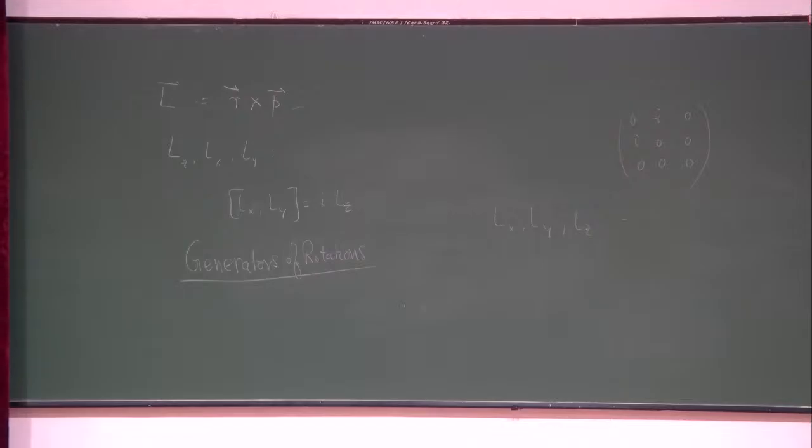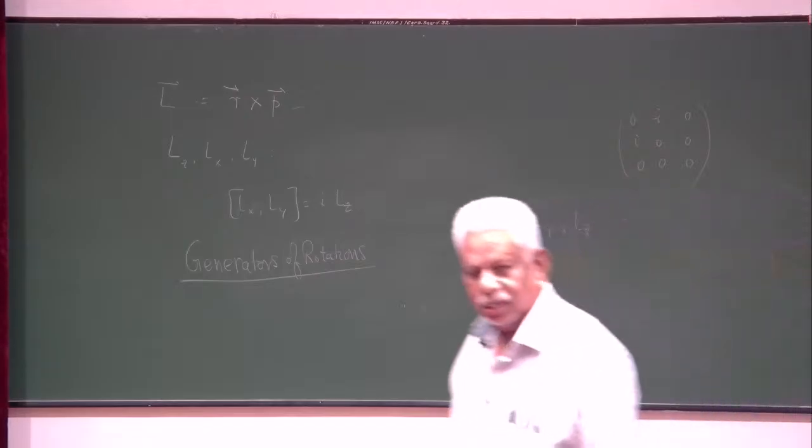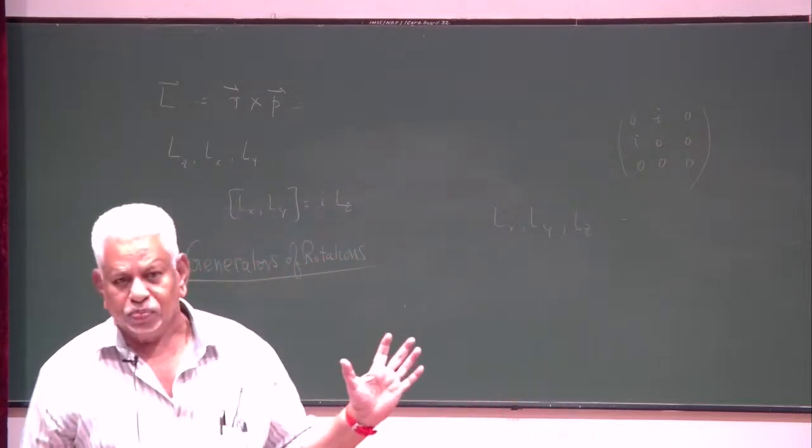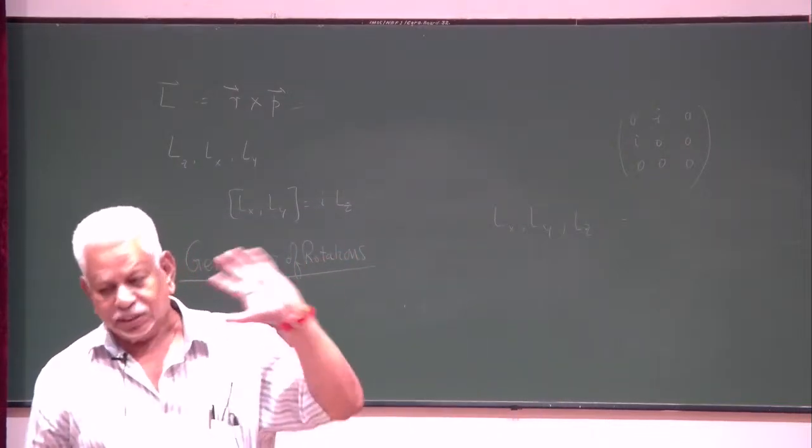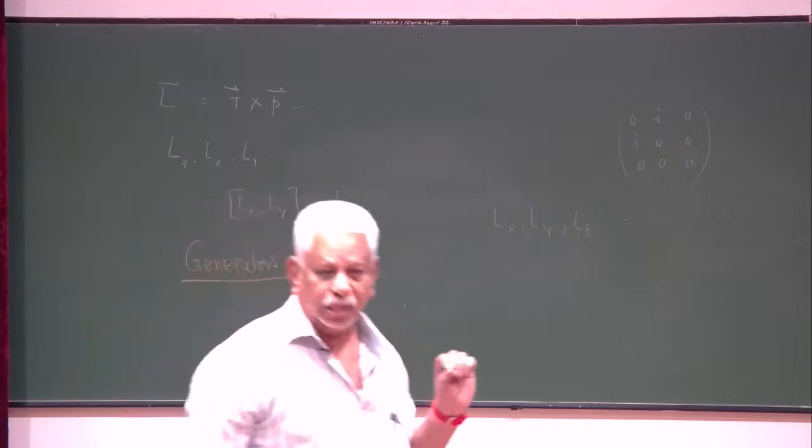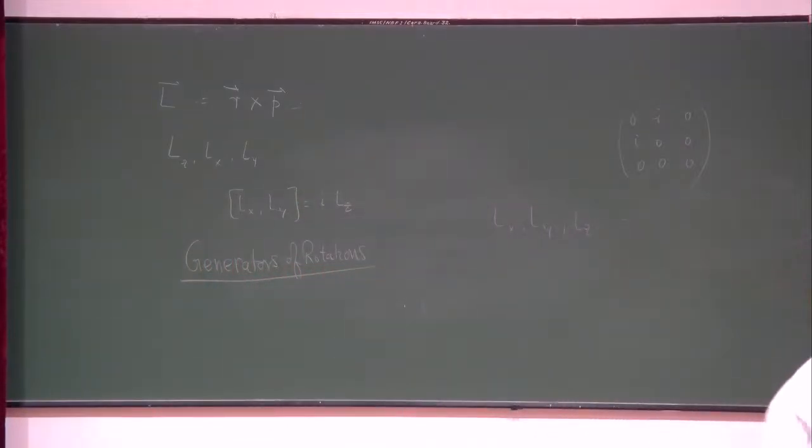So, the allowed values for L square are L into L plus 1, where L square is Lx square plus Ly square plus Lz square, and the values for Lz, which are also diagonalized. You can diagonalize any matrix. You diagonalize for the general convention because it matches with spherical polar coordinates.